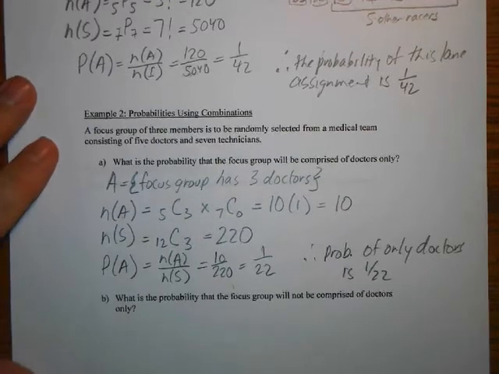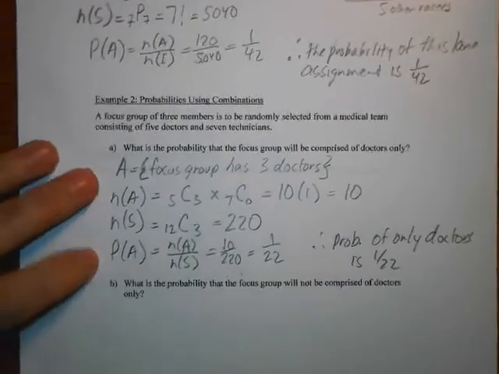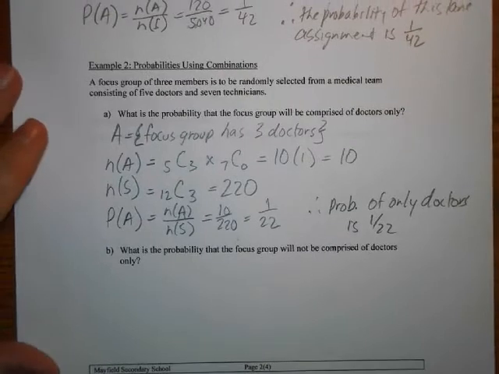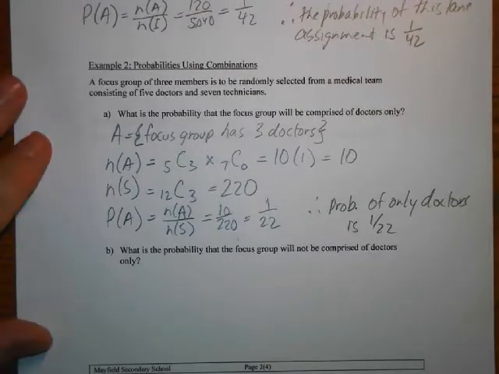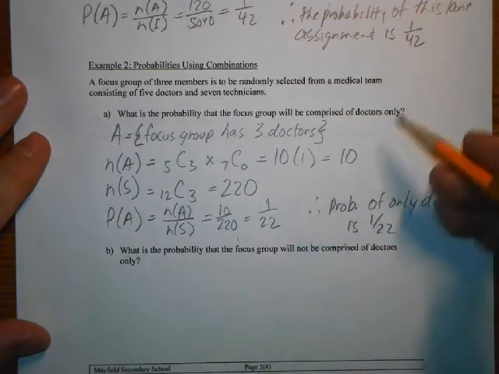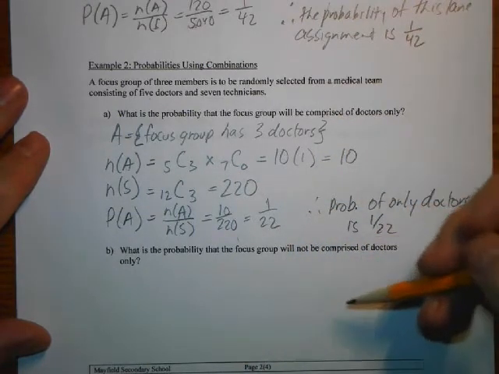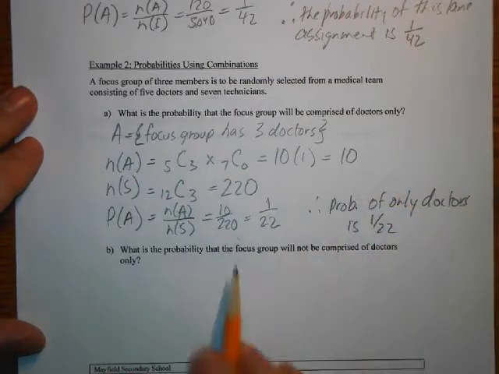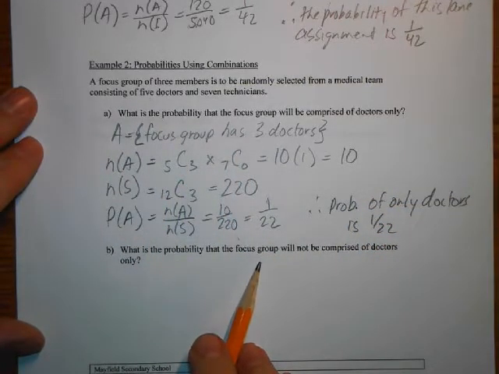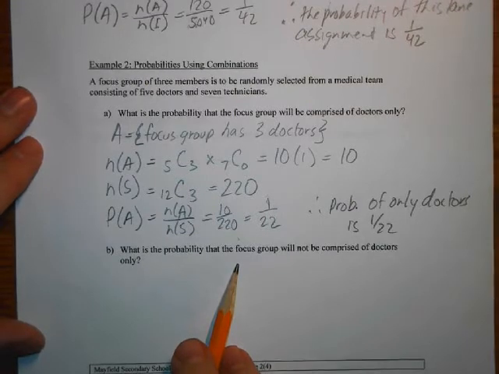Okay. Part B, what's the probability that the focus group will not be comprised of doctors only? So you may read that and go, well, we kind of sort of answered that in the last question, but we answered the complement. This is asking what's the probability that it's not all doctors.